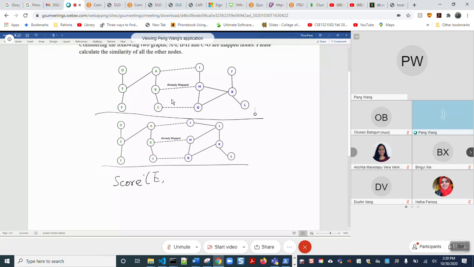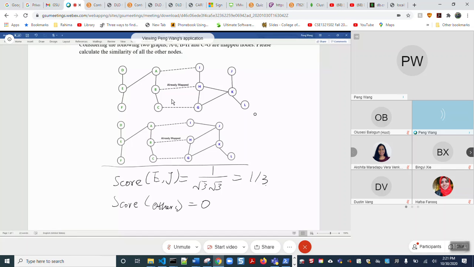E and G will be square 3 and 1, and equal to the score. The score for all the others will be 0. This is for the second graph, and this is the answer for the fourth question.